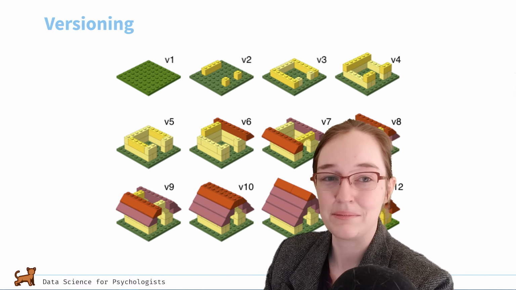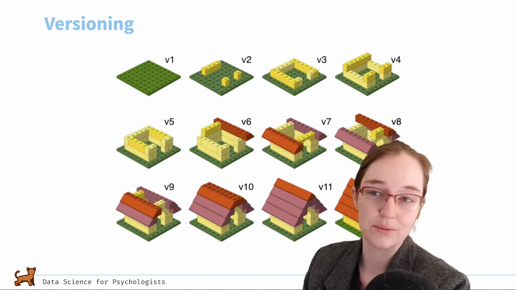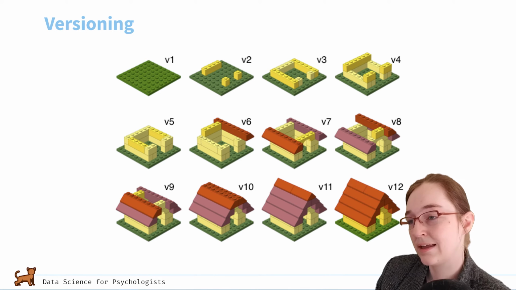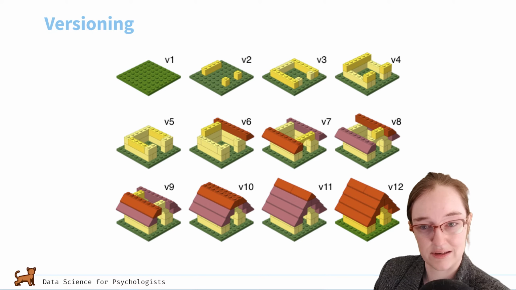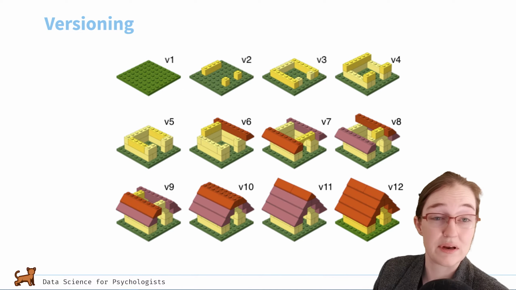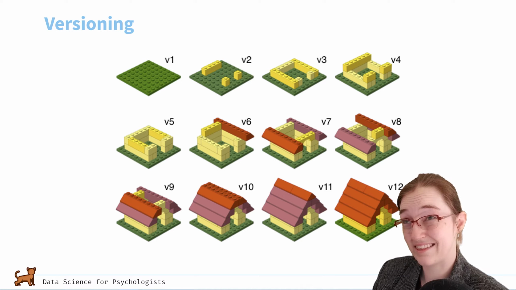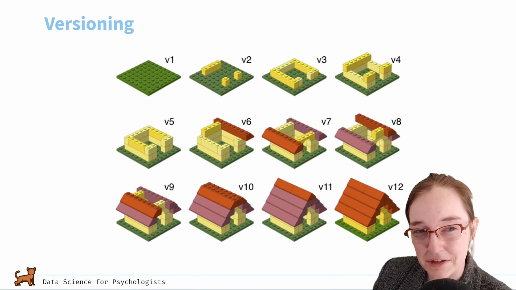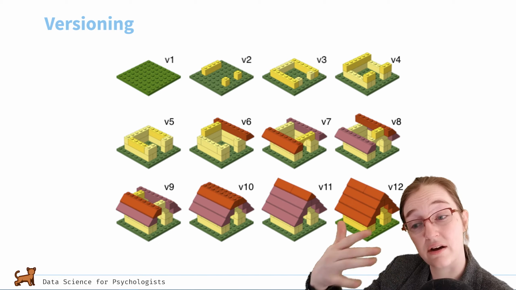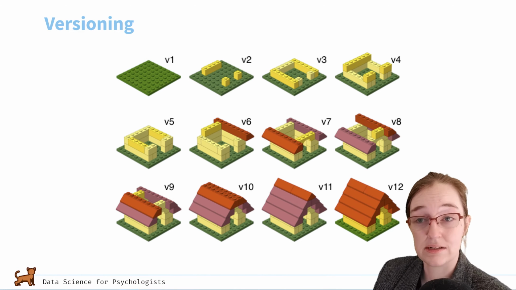Just to give you some examples, but here's a way to think about it. Each version is a step in the process. So it's a way to document what you've done, when you've done it, and in theory, this is where commenting your code and giving meaningful comments and descriptions of your contributions is helpful.